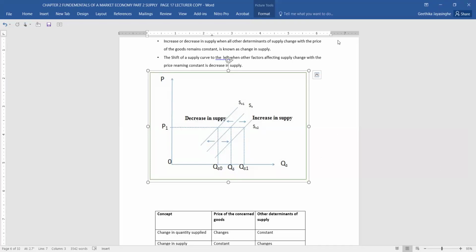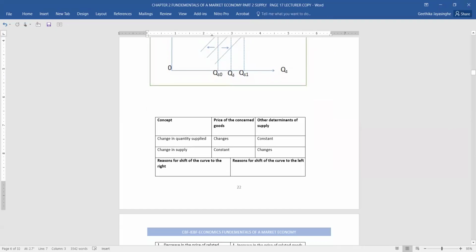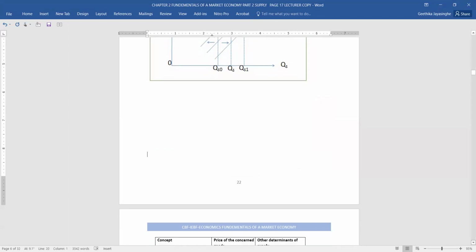Okay, then shall I move further? Hope so. After drawing that, now this is a summary of what we have to study. It's in page 21 bottom.